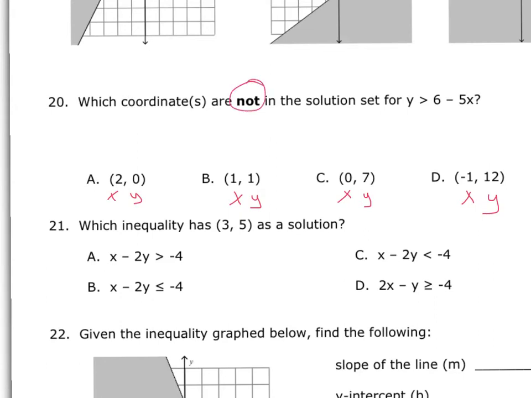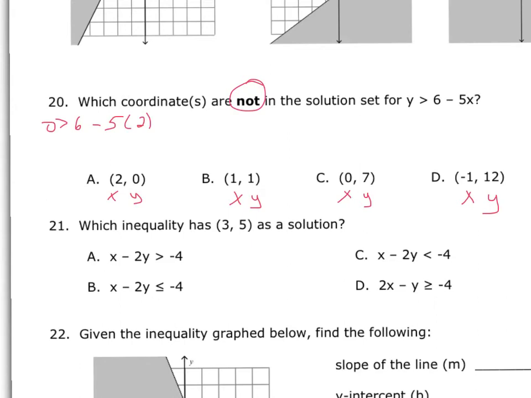So that just means which one of these solutions does not keep this inequality true. Okay, so we're going to take these x, y's, and we're going to substitute them in for x and y. So y is greater than, so 0 is greater than 6 minus 5 times x, or 5 times 2 in this particular problem.